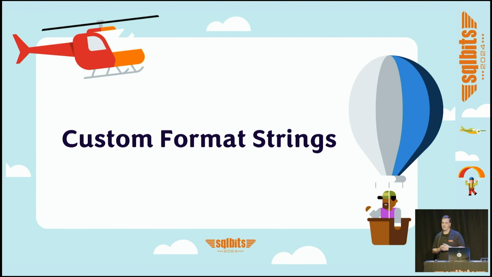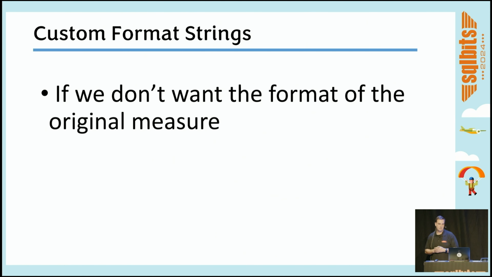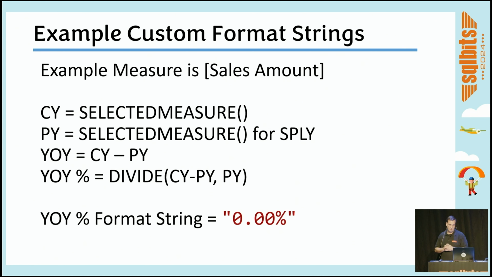So one of the things with calculation groups is now we're dealing with a whole group of measures. So what if we don't want the format of the original measure? An example is we're using sales amount. It makes sense for us to have it in a decimal, to have the original format. The first time you really start to go, this doesn't look right, is when you get into percentages.